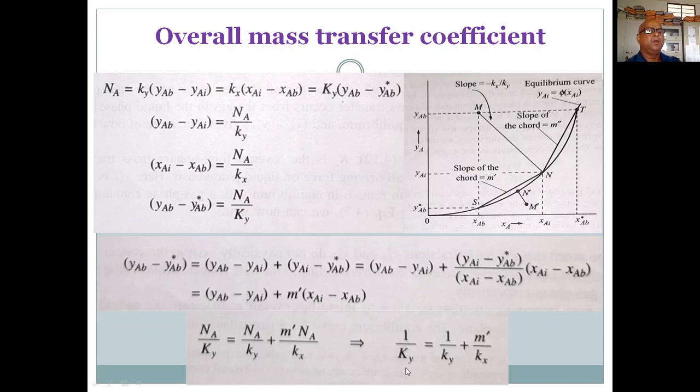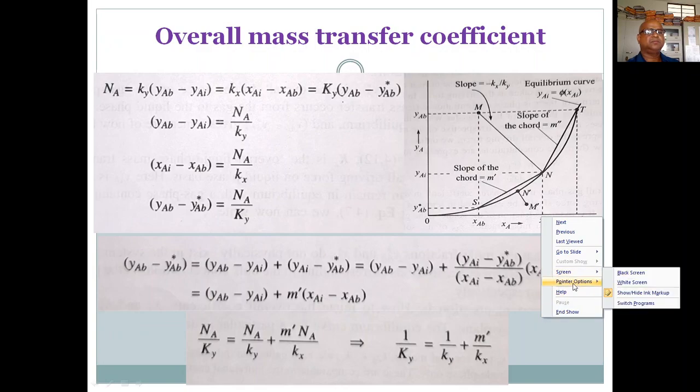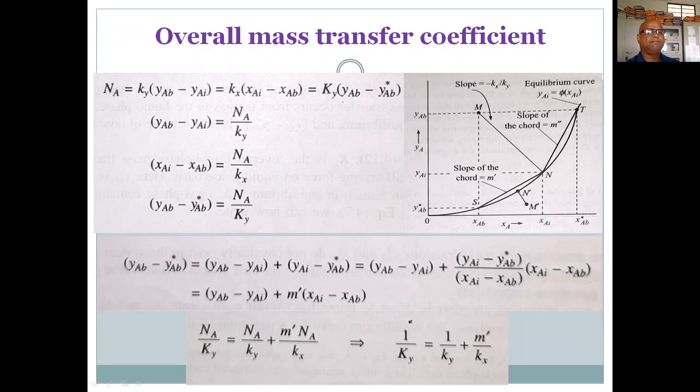So overall heat transfer coefficient based on gas phase driving force, this is the expression.